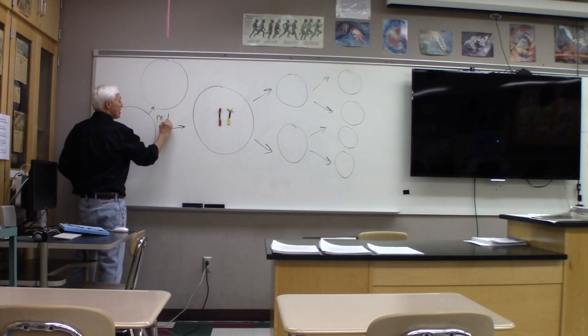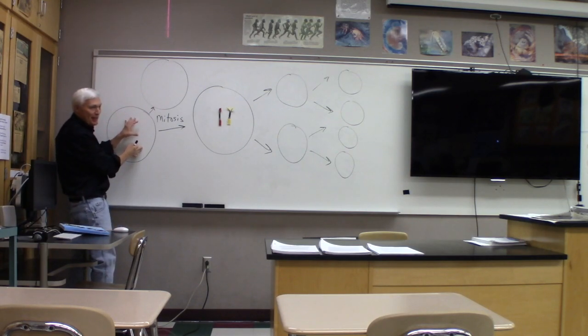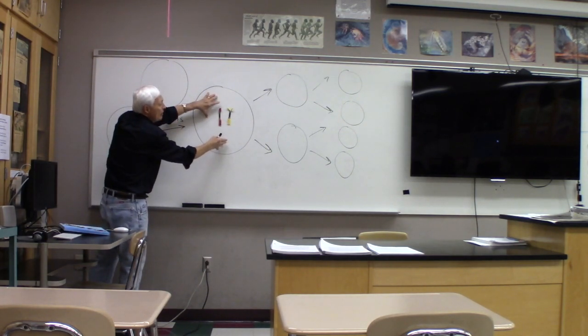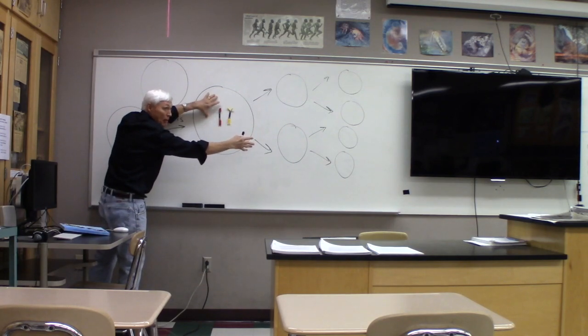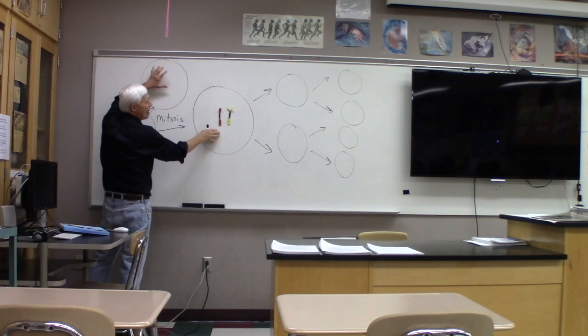This is a mitosis step right here. So this is a very special cell in the testis, okay? It goes through mitosis to make this cell that's going to eventually do meiosis and make 4 sperms, and then this cell. So this cell splits into 2 identical daughter cells.